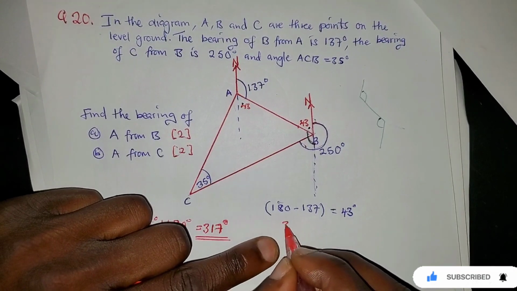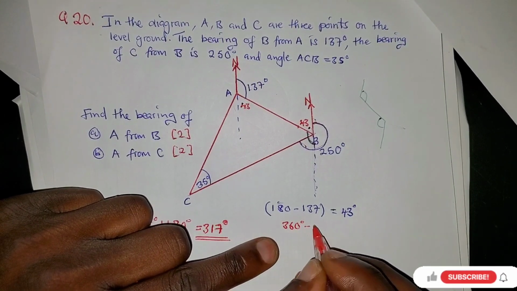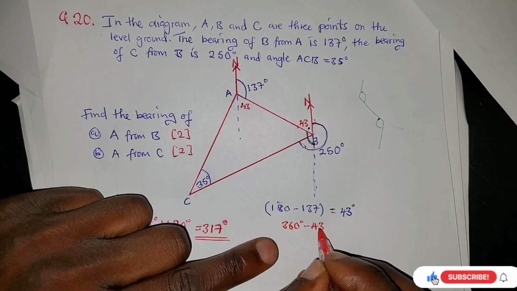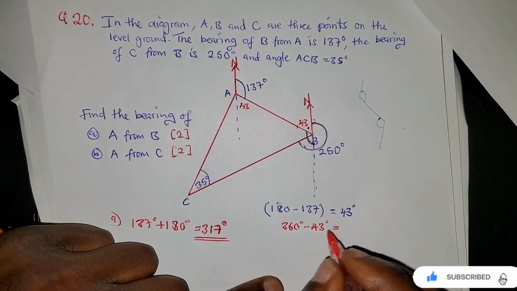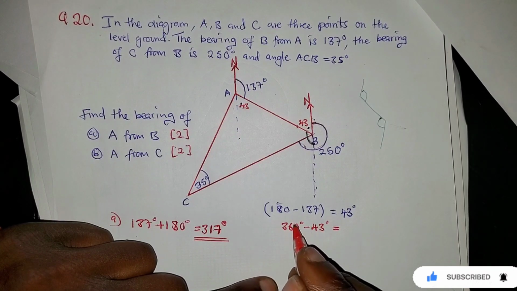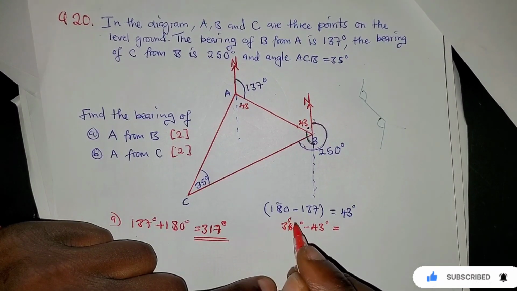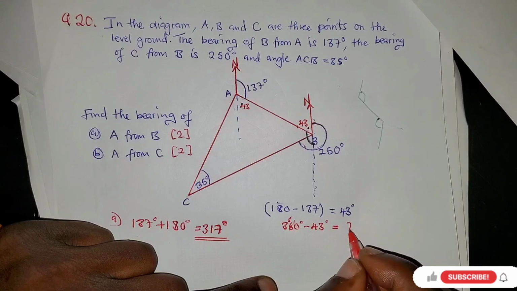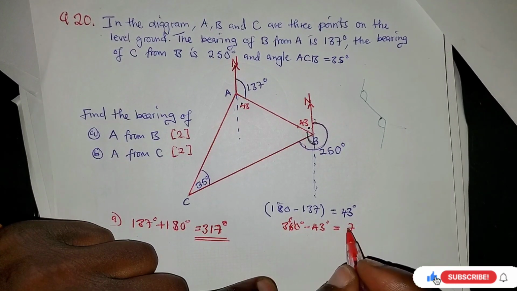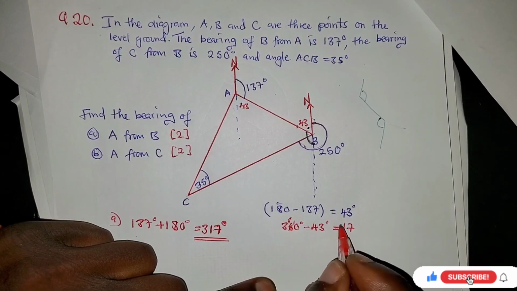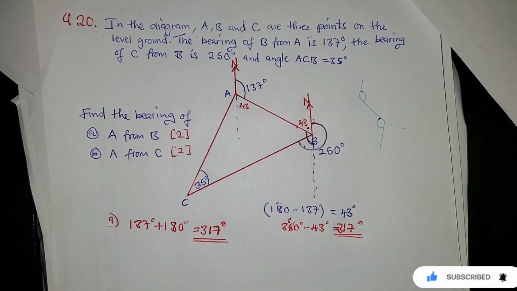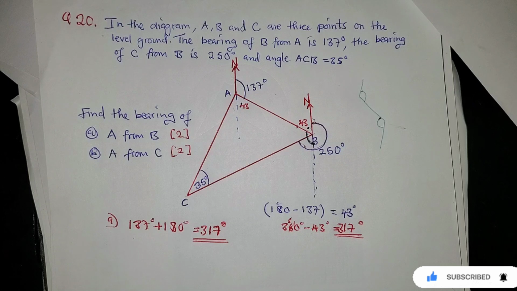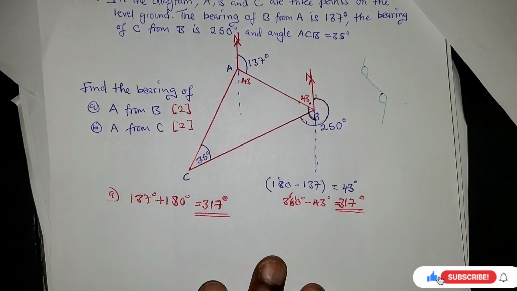So we can say 360, which is a complete turn, minus 43. 0 minus 3, you borrow 1 from 6, and this becomes 5. 10 minus 3 is 7. 5 minus 4 is 1. And you are remaining with 317. You see, even this way we still find the same answer, 317.